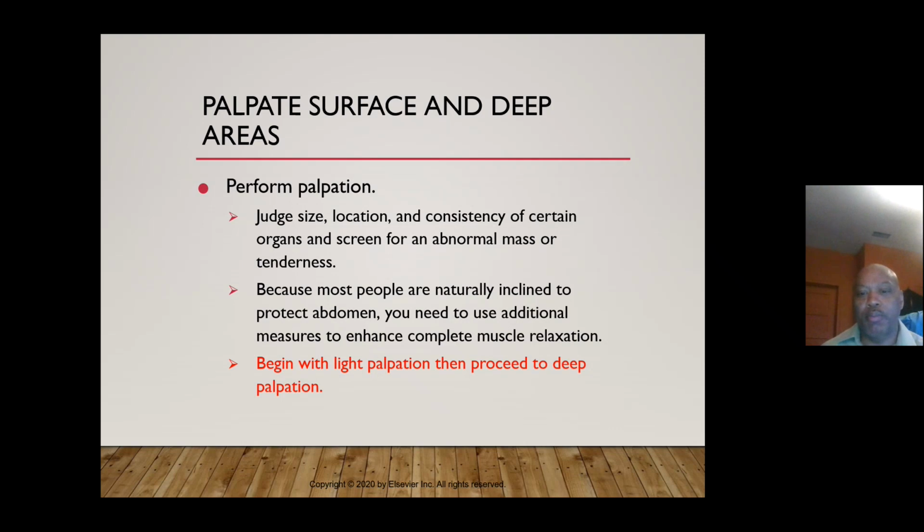Now, because most people are naturally inclined to protect the abdomen, especially if they think you're getting ready to strike the abdomen or push down on it, we do need to think about certain relaxation measures to completely relax the muscles, because the muscles of the abdomen can appear hard and can yield false positive results. So keep that in mind.